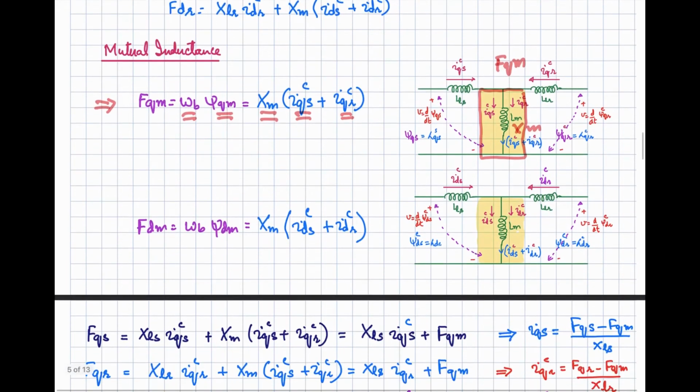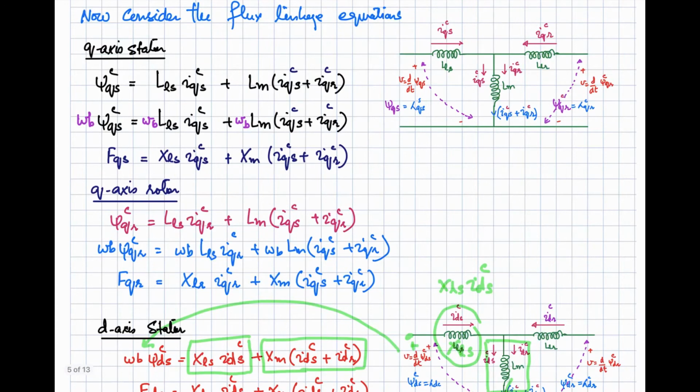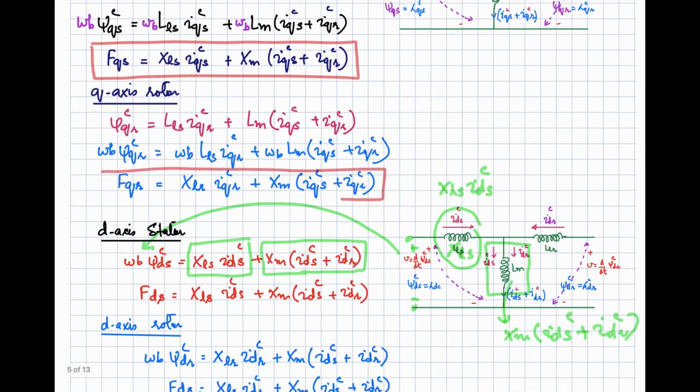Similarly, we can write down the equation for the D axis. This is the D axis circuit, and let's write down the voltage across this magnetizing branch. Let's suppose that is equal to FDM. So that will be equal to omega b into phi dm, right? And that will be equal to XM into IDS plus IDR. So now we have 6 equations. Q axis, FQS, Q axis rotor.